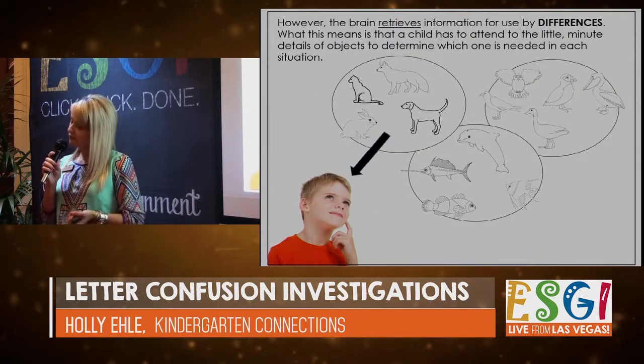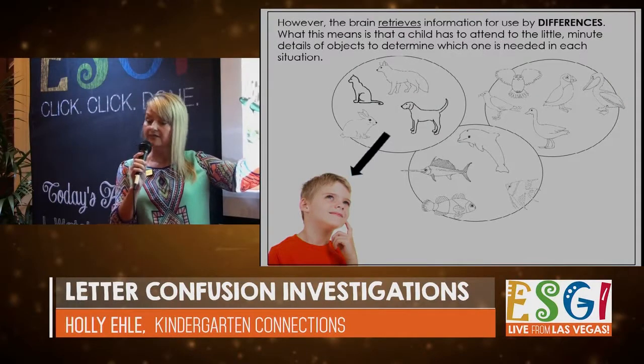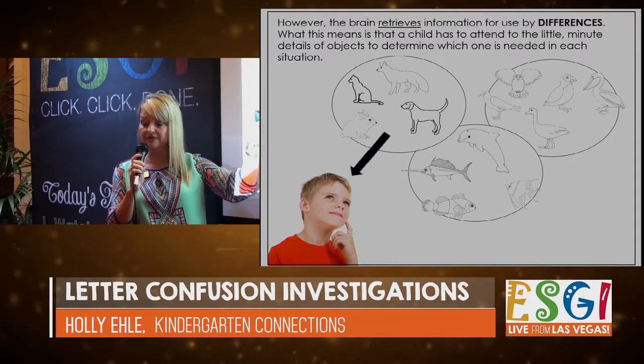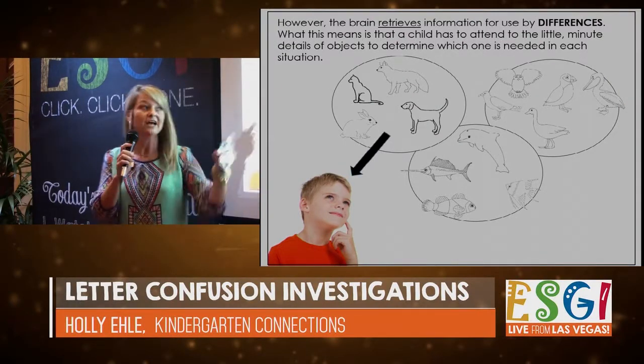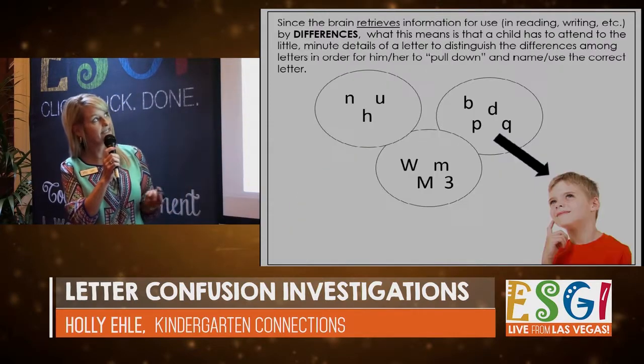Brain research also tells us that when we need to pull down and respond, it retrieves information by differences. What that means is when a child needs to form a response, in their brain, they go up to that category that stores things that are similar together, and in order to pull down the right answer, they have to look at what's different in order to pull down the response that they need.